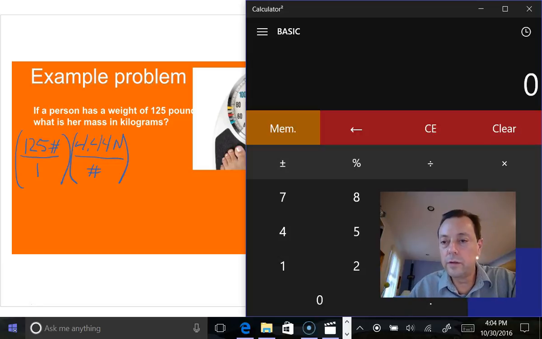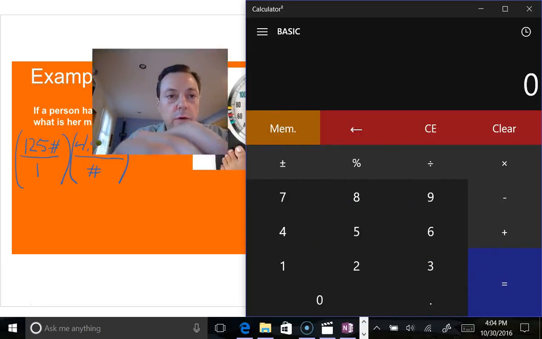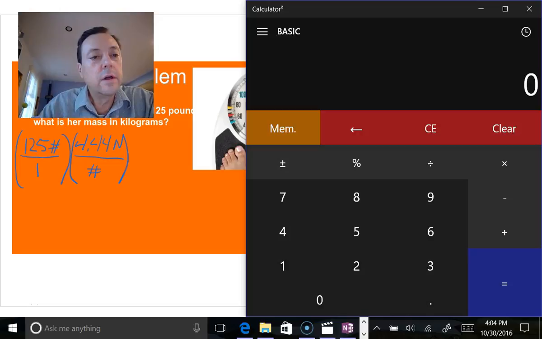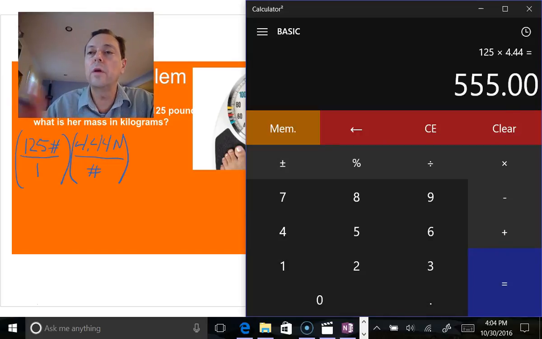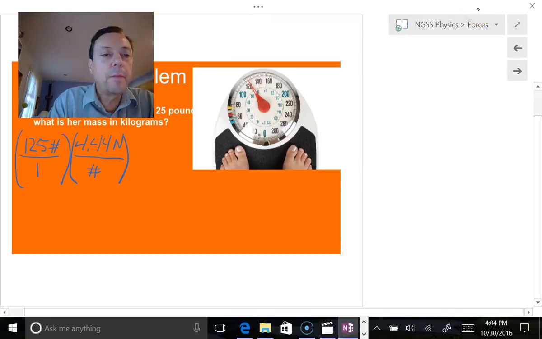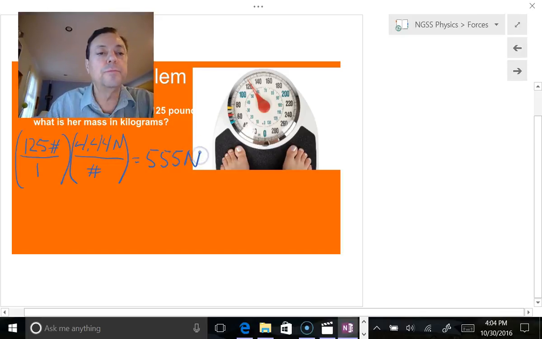Okay, there it is. Kind of a large calculator. So 125 times 4.44 equals. So that's around 555 newtons.